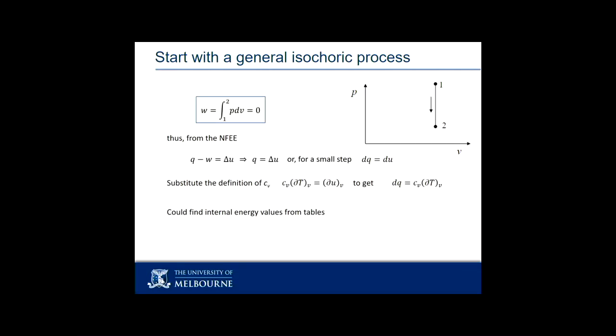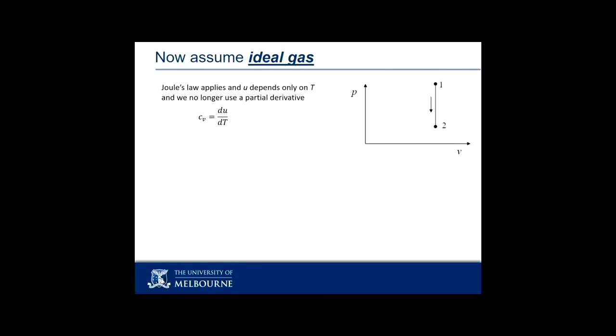I could go look up the internal energy, but for a perfect gas, I've got an extra thing. Apply Joule's law. Joule's law said internal energy is connected only to temperature for a perfect gas, for an ideal gas. So CV equals, now no longer partial differential, CV equals dU by dT, full differential.